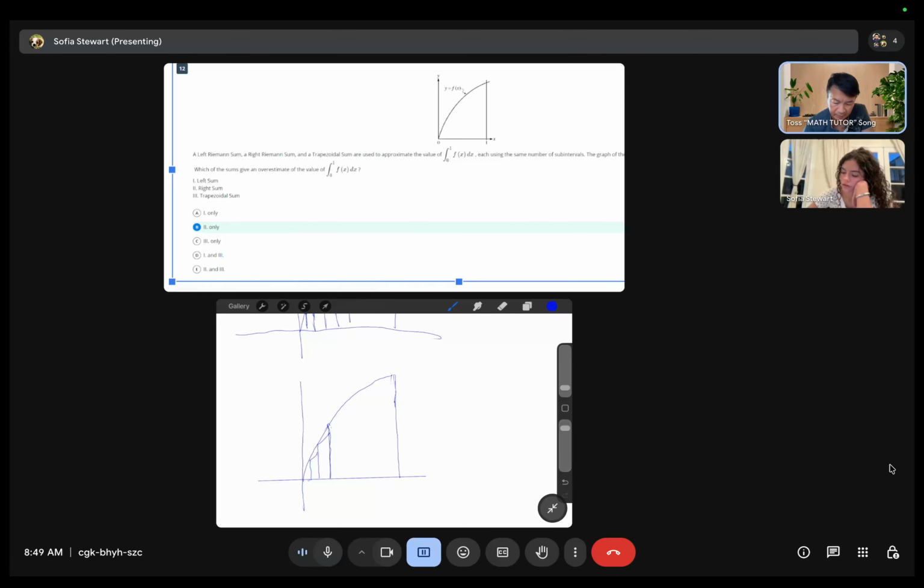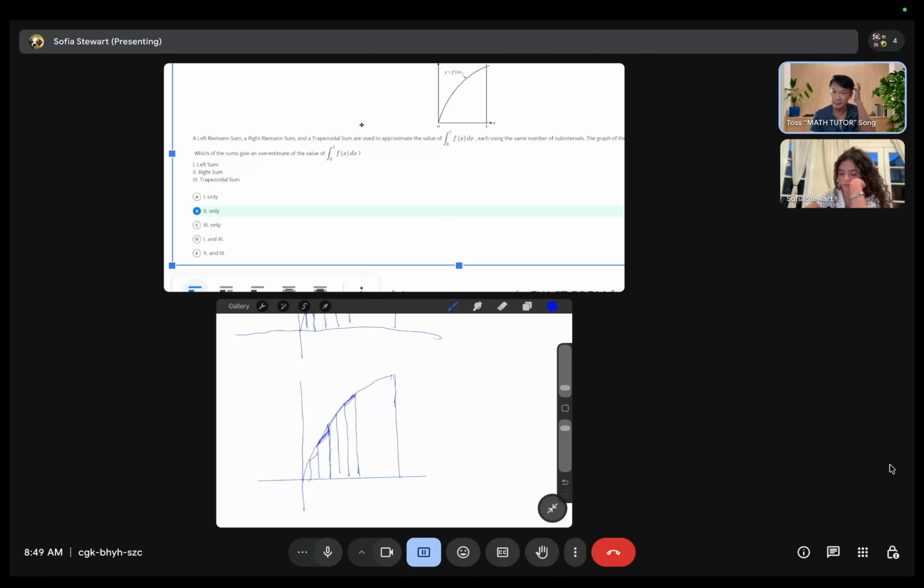If you ever wonder how it's done, it stretches like a tangent to the curve. But it's still under, therefore you cannot accept that. So it should be the right sum, the right hand.